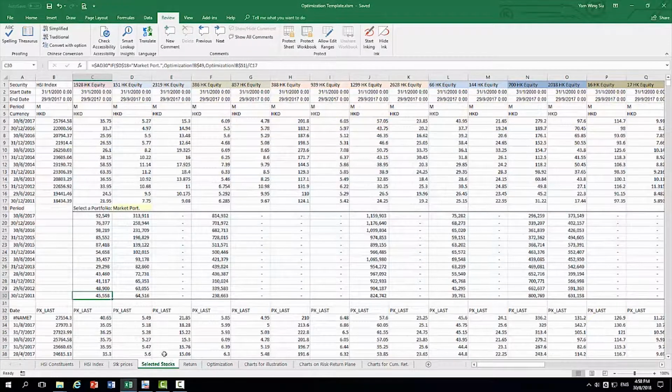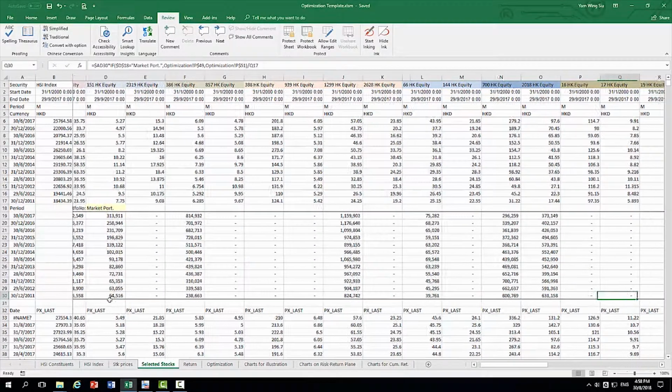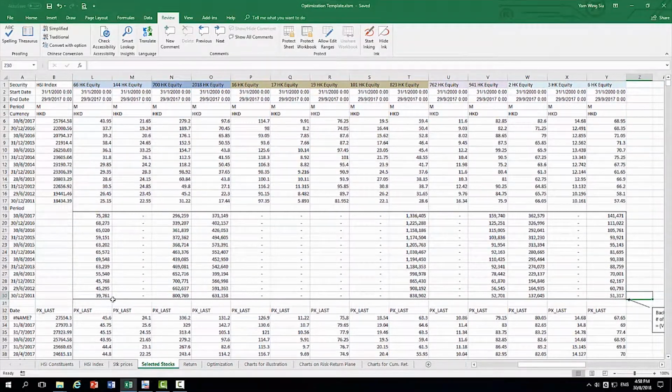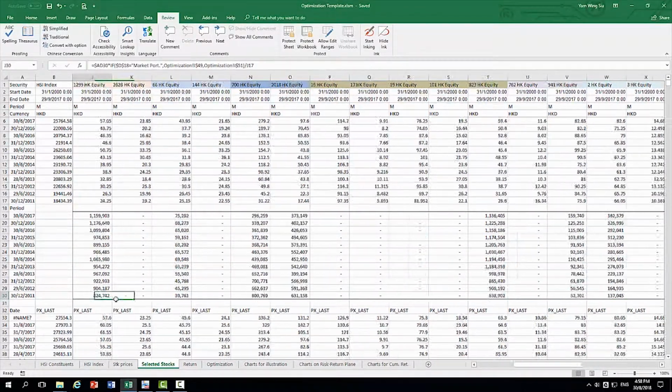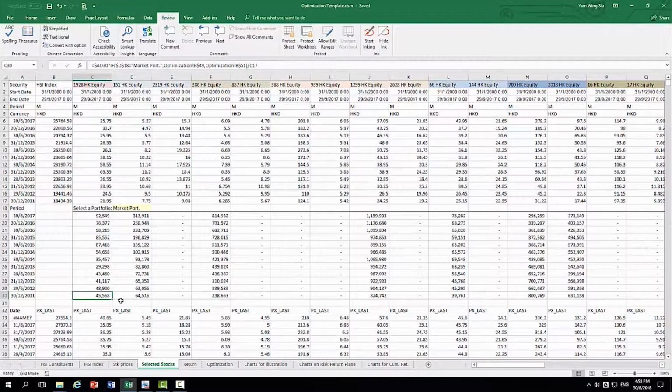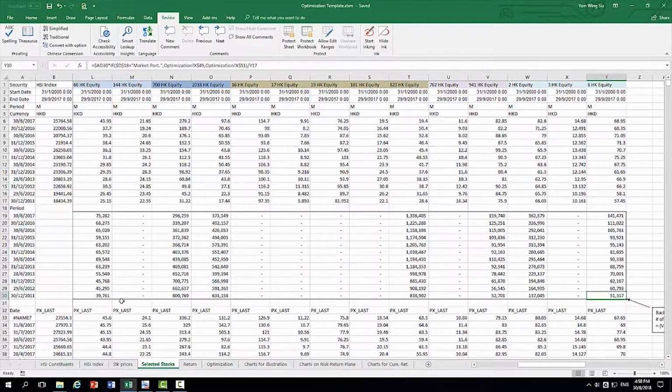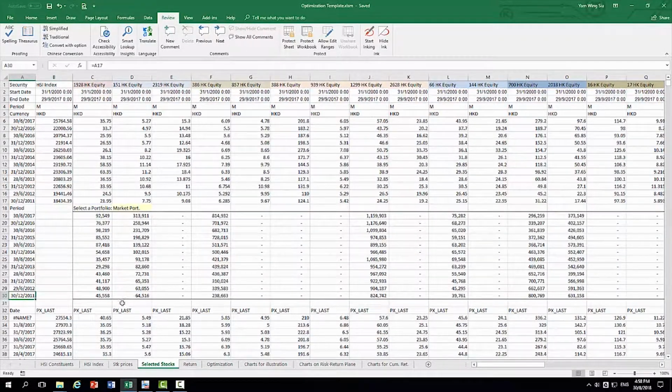So this number of shares is very important when you input into Bloomberg for backtesting. Half a year later, now remember, this is the market portfolio, and you can change it to the optimal risky portfolio if your investor is aggressive investor without borrowing capacity.